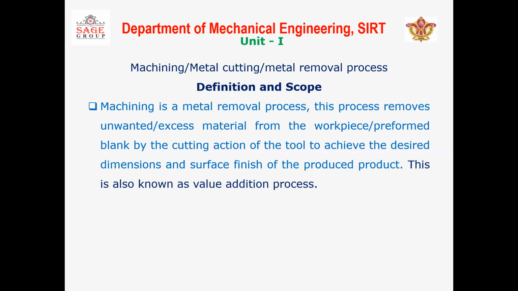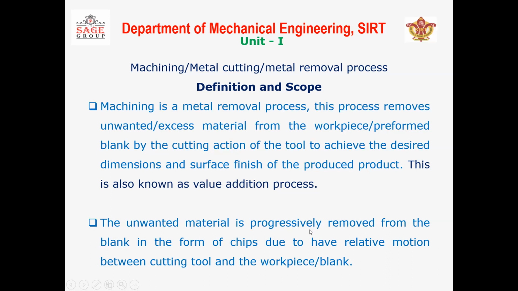Before applying the machining processes, what is the value of the workpiece? Very less, right? But after applying the machining processes on that workpiece, the value of the product has increased. So that's why it is also known as value addition process.